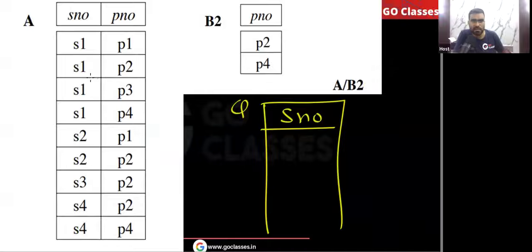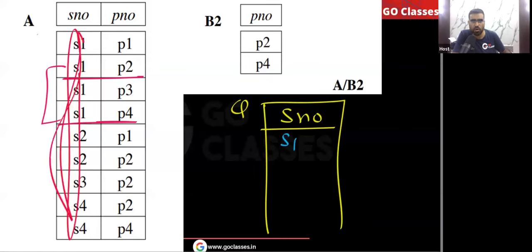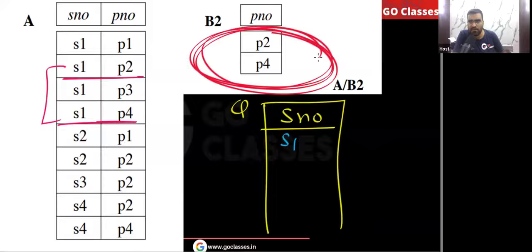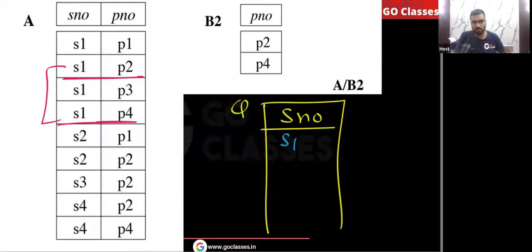You can see S1, S1 P2, S1 P4. So S1 will come because of this and this. Remember, S1 can pair with extra. Do you agree? But basically, those S numbers which pair with every B2 dot P number.